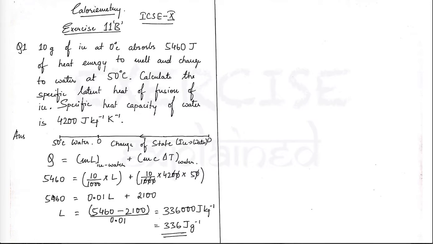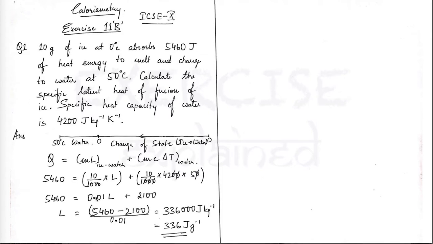So we can write 5460 is equal to 10 by 1000 is 0.01 into L, plus 42 into 5 gives us 210, into 10 gives us 2100, so we get 2100 here. 2100 is being taken to the other side and we get 5460 minus 2100, that is what I have written here.